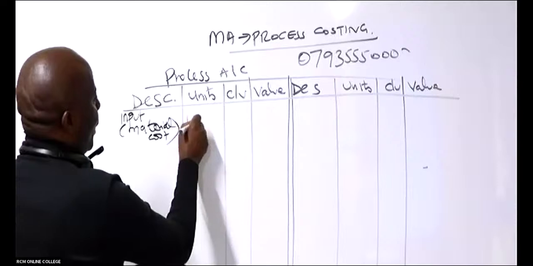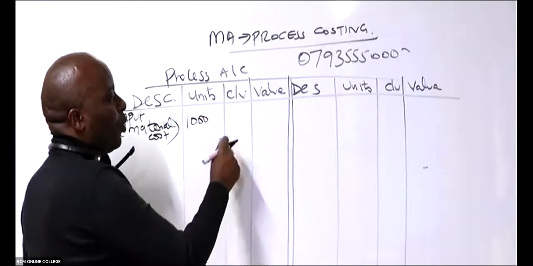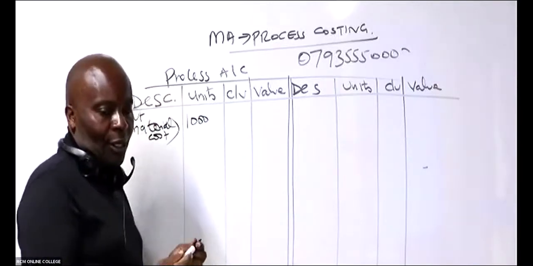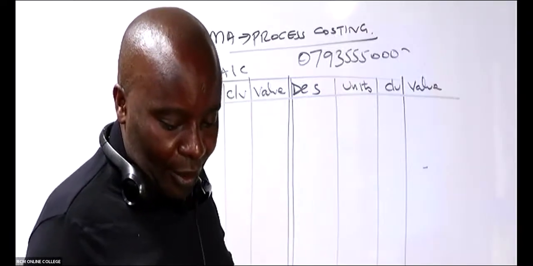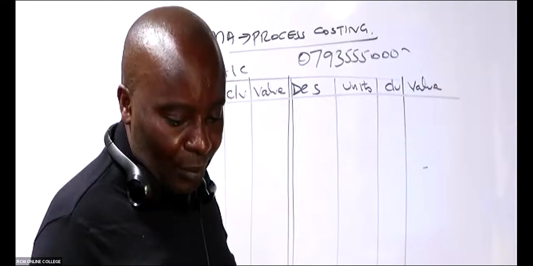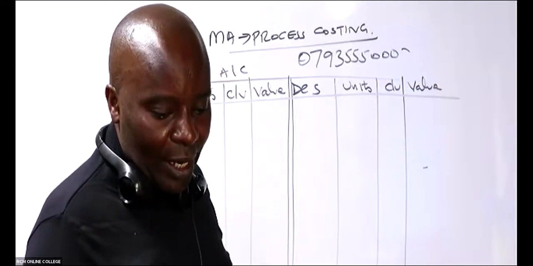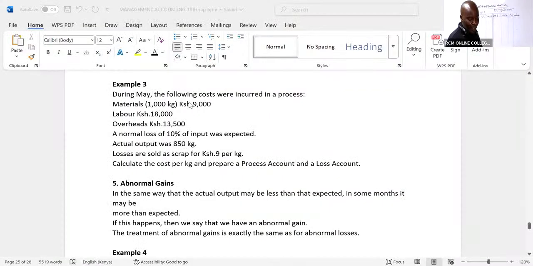So 1,000 units. And what is the total value of these 1,000 units? You can see they are here, costing 9,000. The value is 9,000.